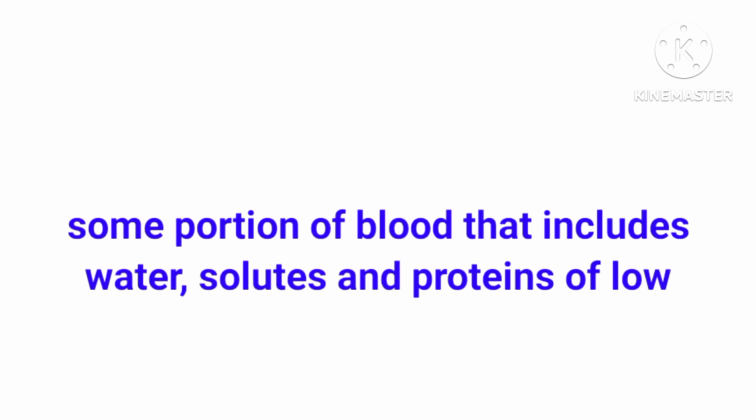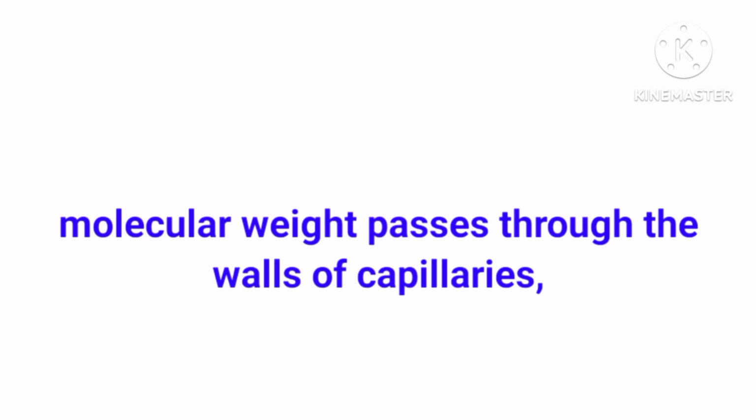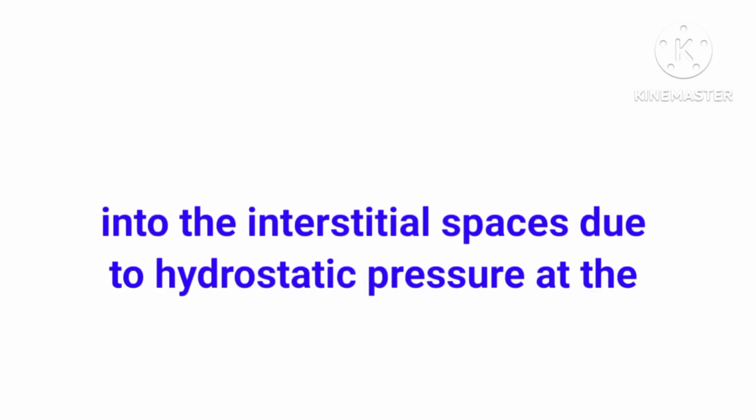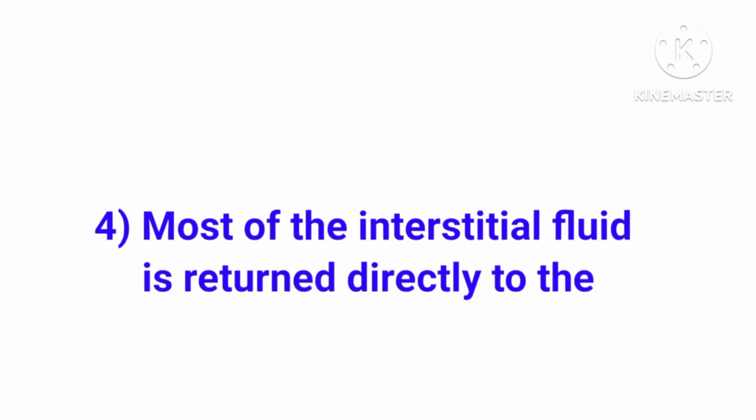Water, solutes and proteins of low molecular weight passes through the walls of what? Capillaries. Into which spaces? Interstitial spaces, due to which pressure? Hydrostatic pressure. At which ends? Arteriolar ends. This fluid forms which fluid? Interstitial fluid.